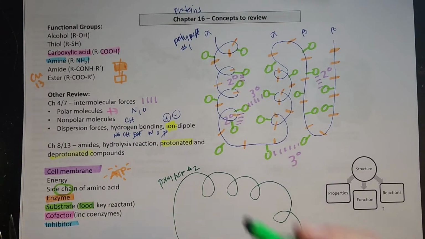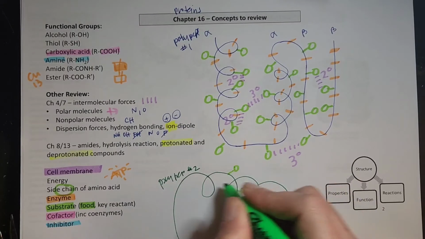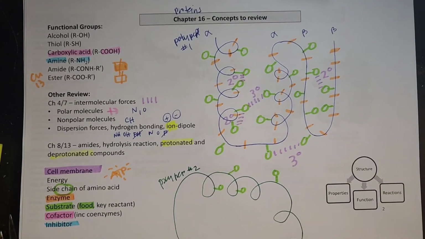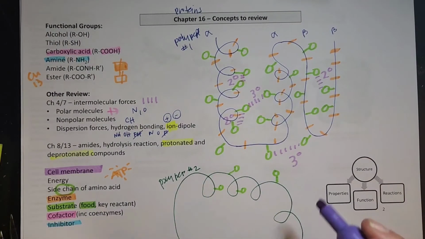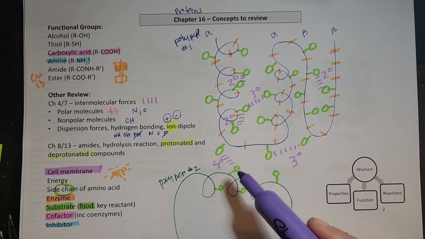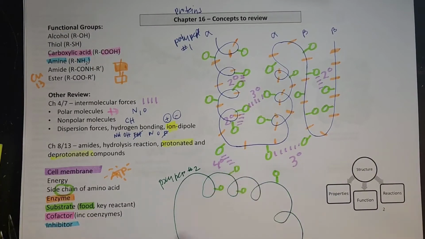And so this polypeptide would be constructed in the same way with side chains all over it. And so our final type of attraction that we're going to see is that these two can actually be attracted to each other. And that would be what we call quaternary structure, where the side chains of two different polypeptides are attracted to each other.